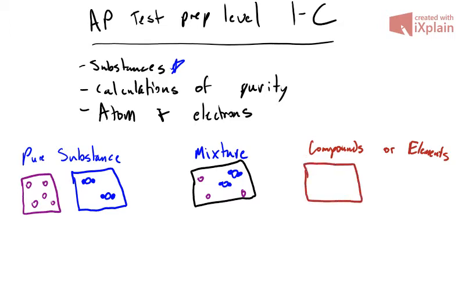Compounds, obviously, are two different atoms or circles, in this case, bound together to form one particle. That is two different elements bound together to form one particle. Now an element would be either just the singular atom or a series of that atom bound together.